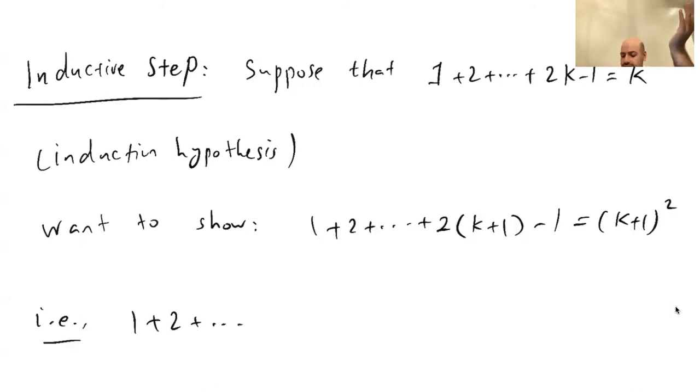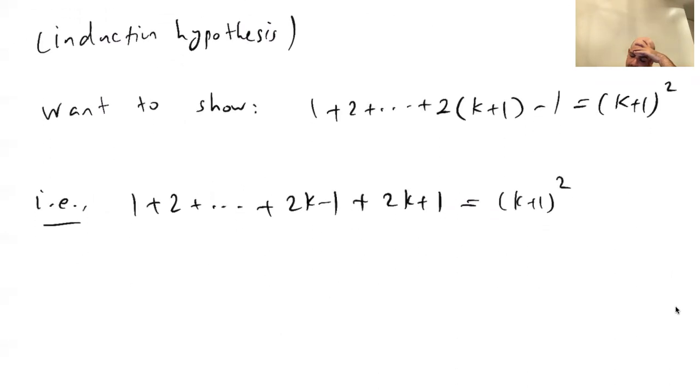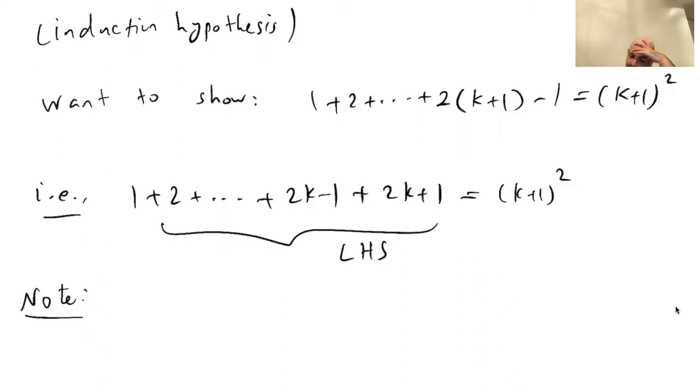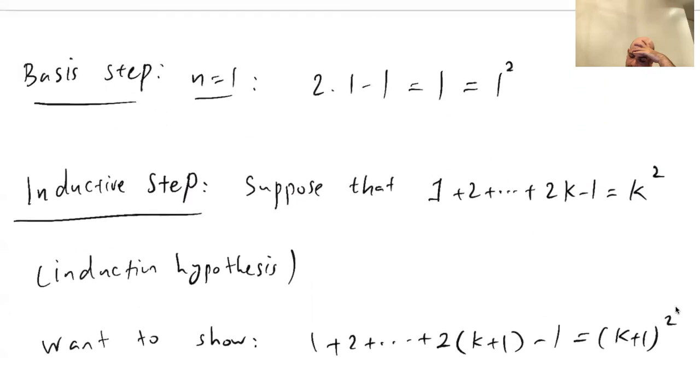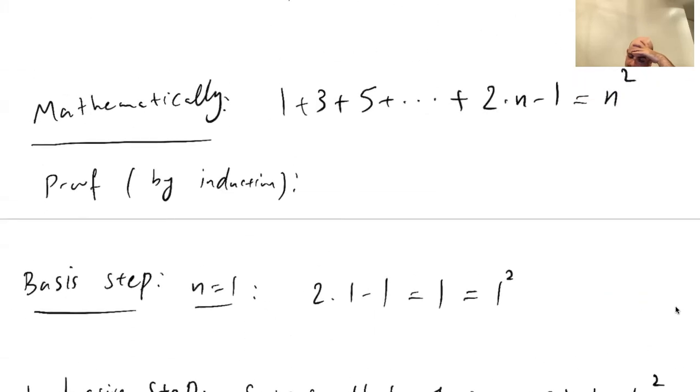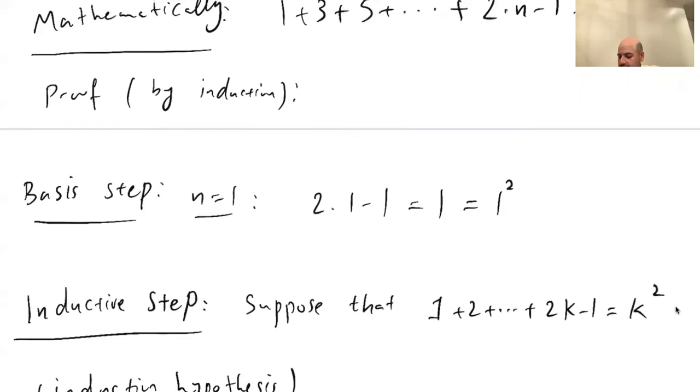And the one before that is 2k minus 1. So 2k minus 1, and then 2k plus 1. And then I want to show that this is k plus 1 the whole squared. Now note that if I start with the left-hand side, it is equal to 1 plus 3, because we are looking at the odd integers.